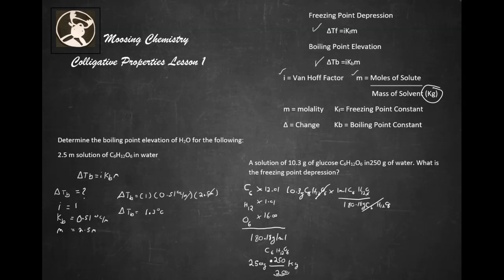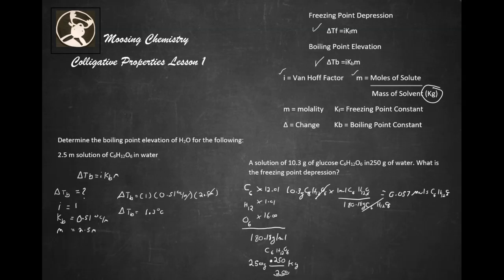So when we do that, that's going to give us 0.057 moles of C6H12O6. And now I have to calculate molality before I can use the delta TF formula.